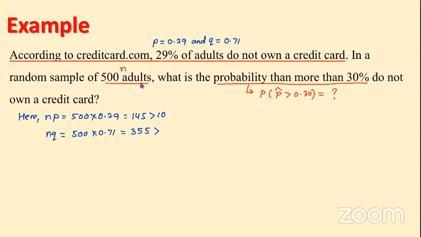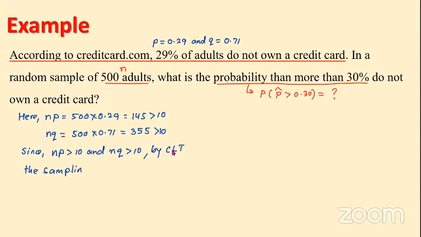This is also greater than 10. Since both n times p and n times q are greater than 10, it follows the central limit theorem.